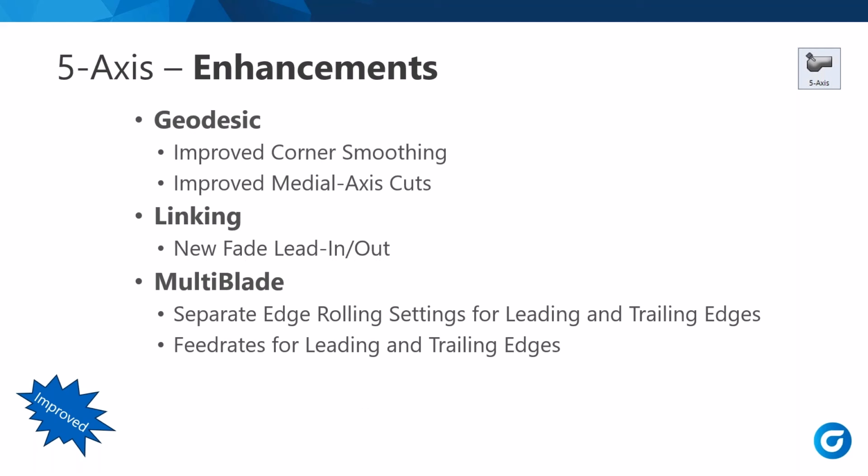In linking, even though we have a very long list of lead in and lead out types, we've added yet another one, called fade. And finally, in multi-blade, we have a separate edge rolling setting for leading and trailing edges. Before, you set an edge roll, but it was the same for both edges. Now they're separate, as well as feed rates for the edge rolling moves. You can have separate feed rates for those.